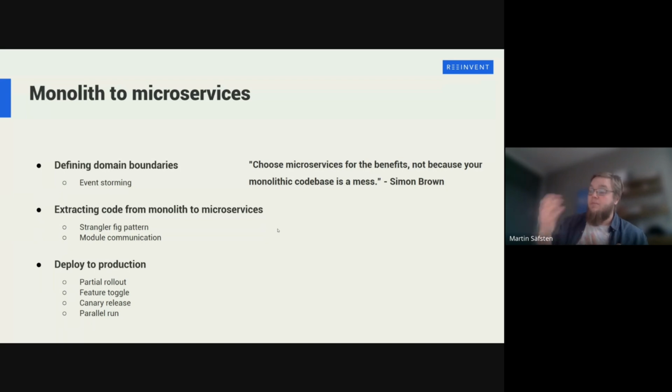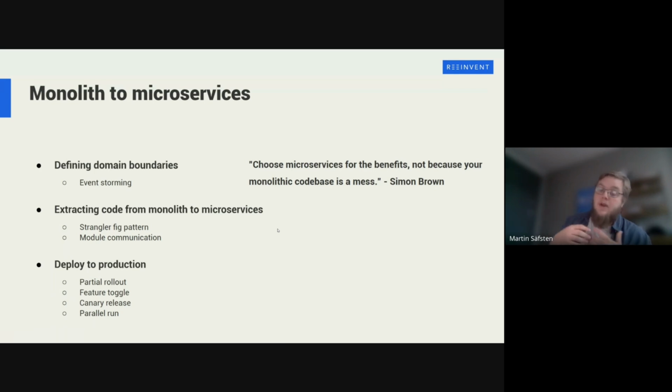And for deploying to production, there are many different strategies. I'll mention a few here. Basically, they are all meant to simplify the process of taking part of the system, updating it, and then sending it out to customers. So it's a fast process to take a part of the system and update it to a microservice.